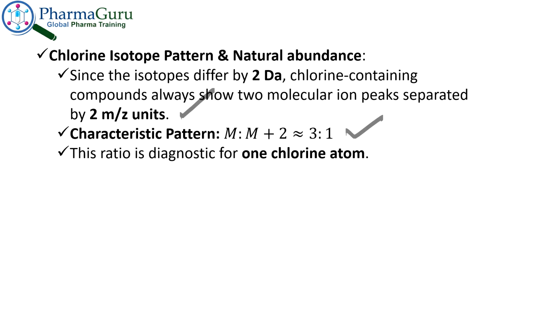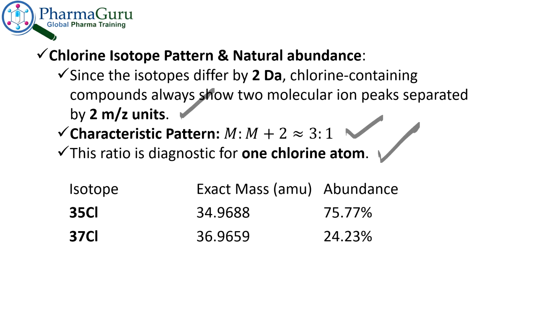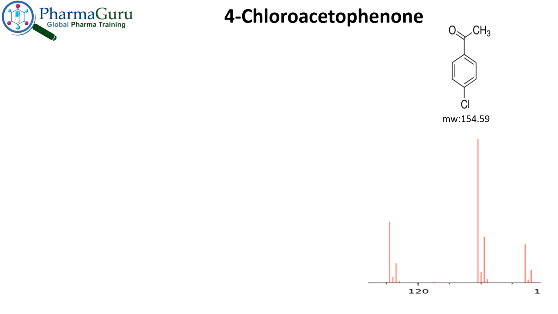This ratio is a diagnostic for one chlorine atom. This is the abundance of both chlorine isotopes, approximately 75 to 25.